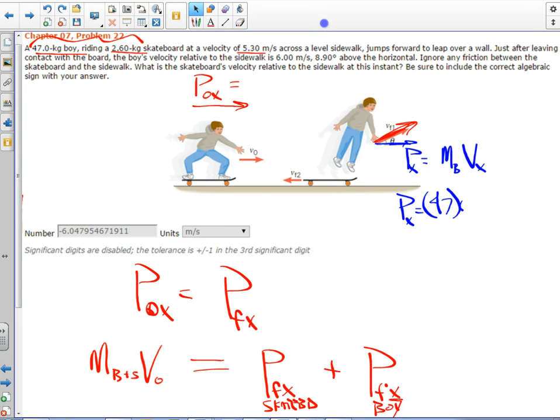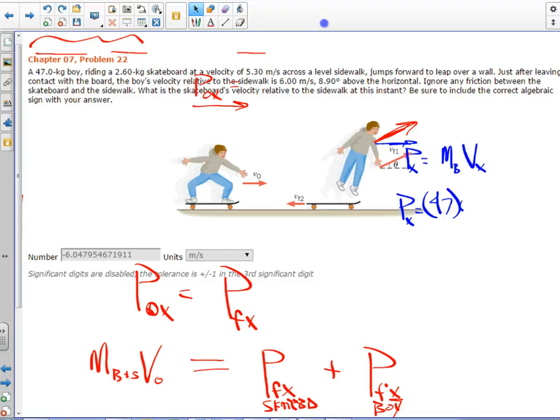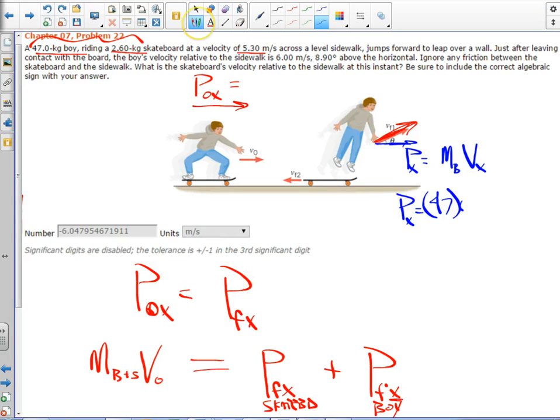The boy's velocity relative to the sidewalk is 6 meters per second, times the cosine of 8.9 degrees, because I'm only interested in this part of it, not how fast he's going upward.